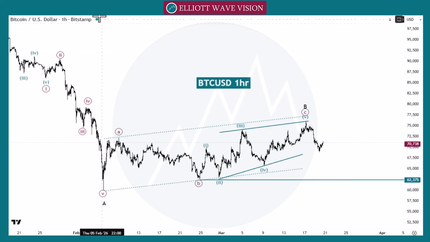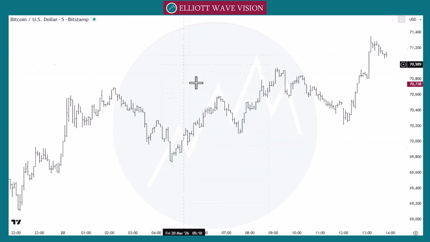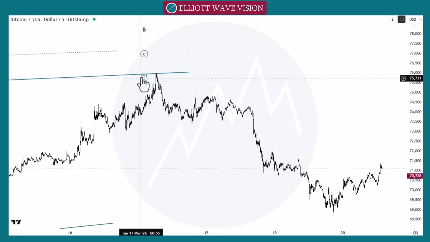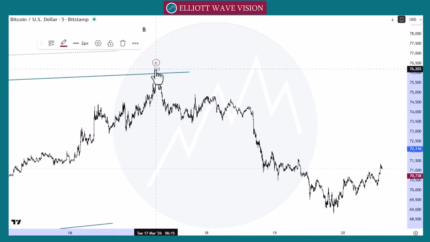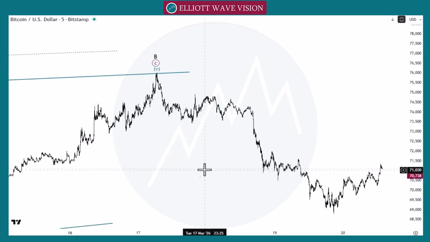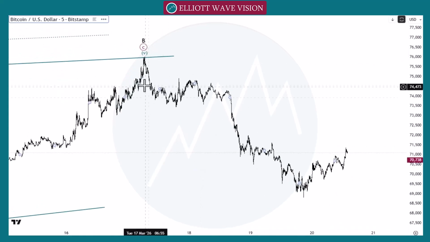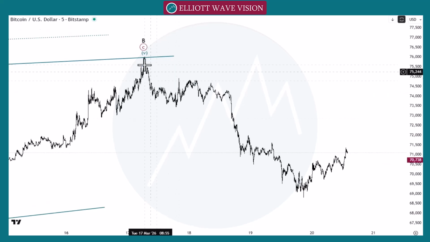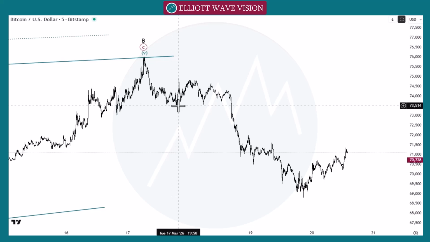If we go in 5 minute time frame, after this move as a wave B, market gives us the proper impulsive move 1, 2, 3, 4, 5. Arrival reaction, fast low below level A, B, and C.